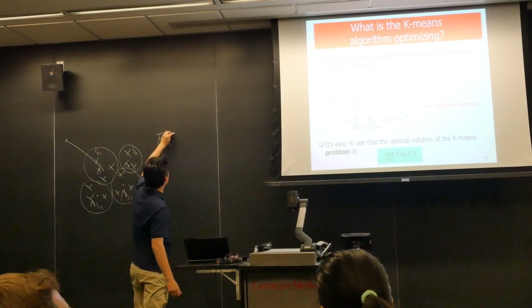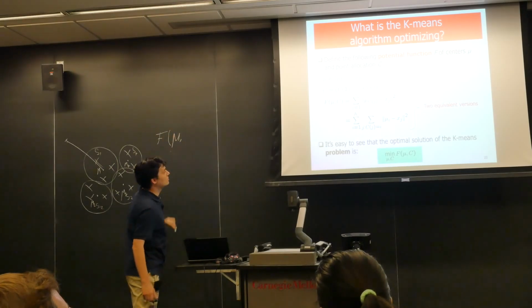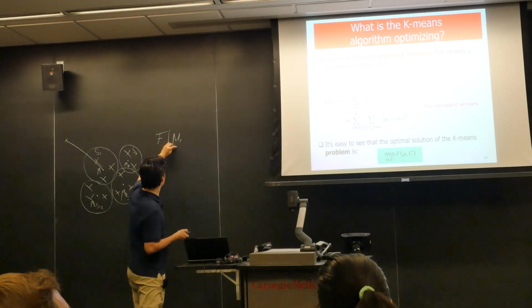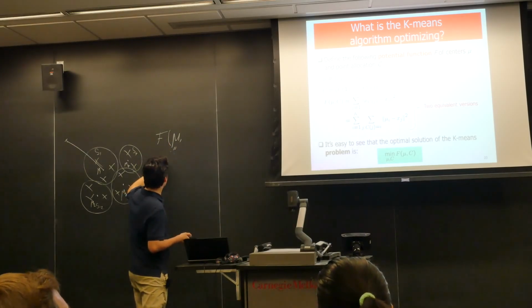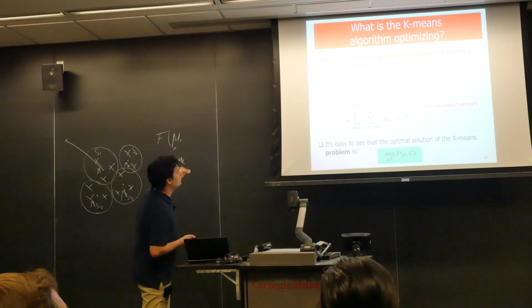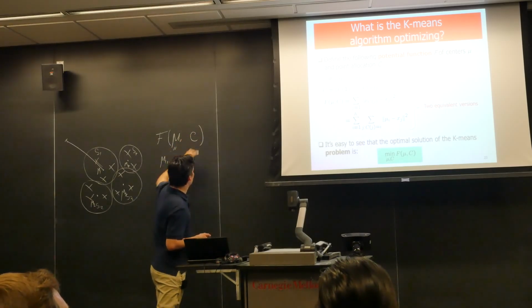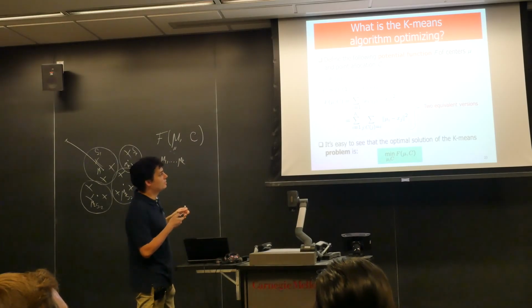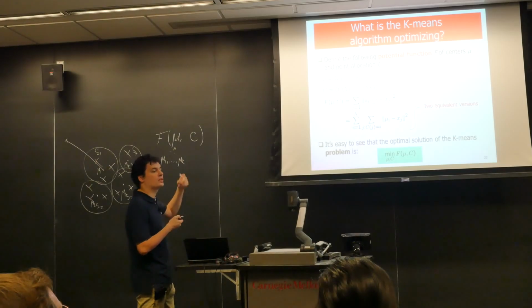The potential function f is a function of mu, the k cluster centers, and c, which is a cluster assignment that says which point belongs to which cluster center. So if c1 is 2, it means that x1 belongs to cluster 2.